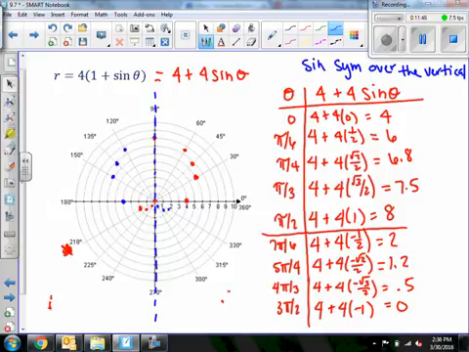And we create a shape using symmetry here that if I were to fold over that blue dotted line should be the exact same. And that's really how we're going to solve all of these. If it's cosine, we know it's symmetric over the horizontal axis. If it's sine, we know it's going to be symmetric over the vertical axis. And that is really, really, really important.